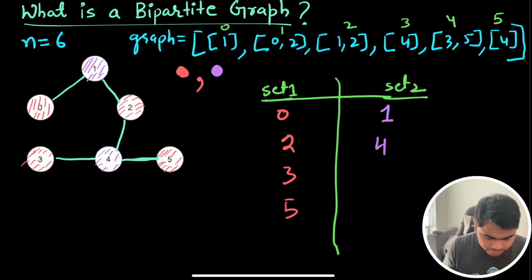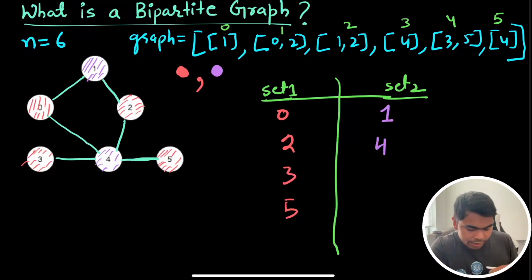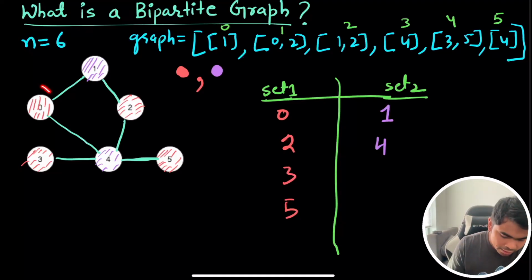But what if instead of that I was introducing a cycle like here? Now you actually can, because these 2 nodes are of different colors. So what is the difference between introducing this cycle, and this cycle?